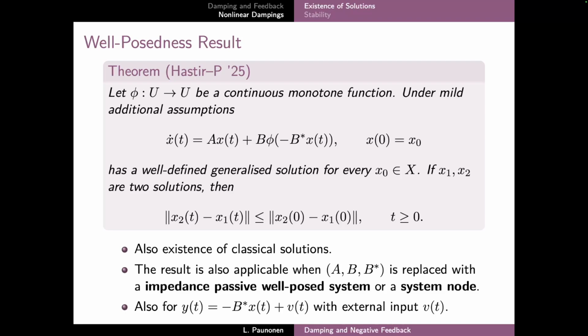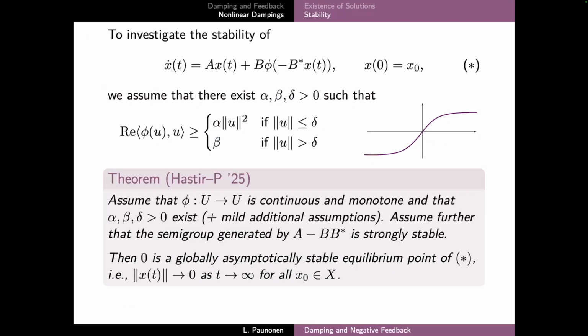But now that we have investigated the well-posedness, we can turn to the question of stability of our equation. And in this case, we have to make additional assumptions on phi. For instance, phi obviously cannot be the zero function, otherwise we don't necessarily get any stability because of lack of damping.